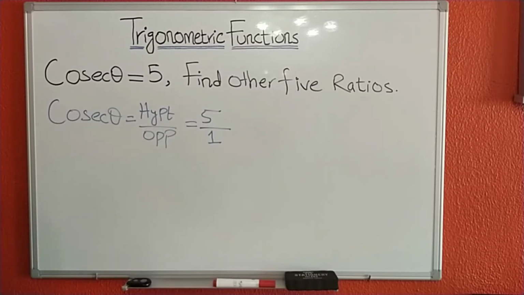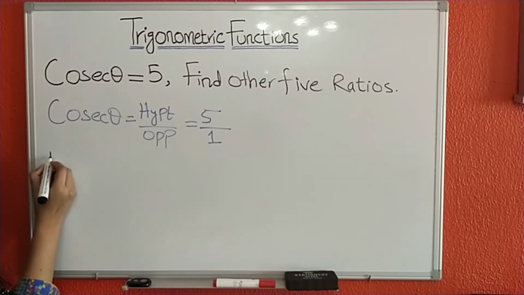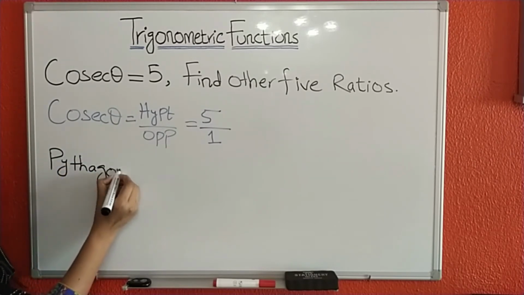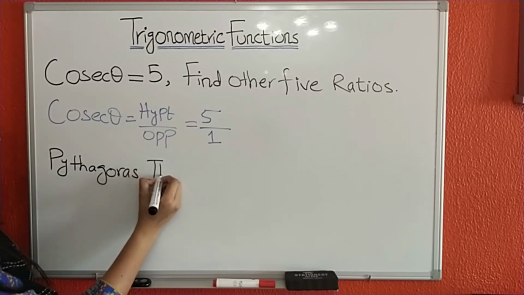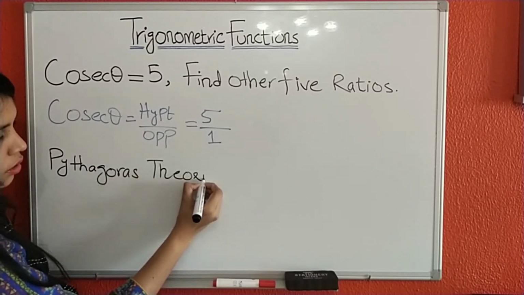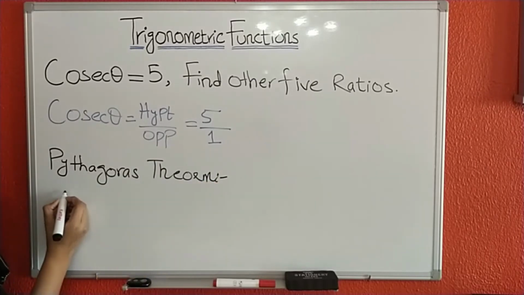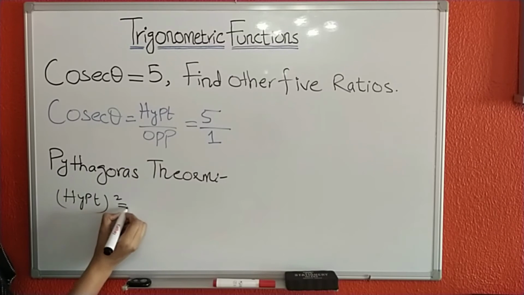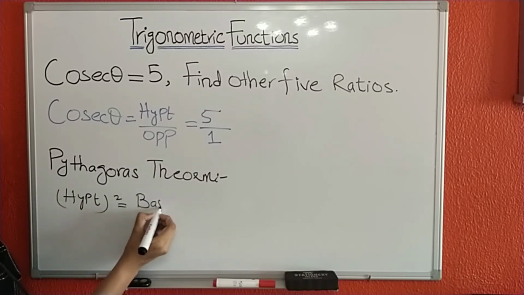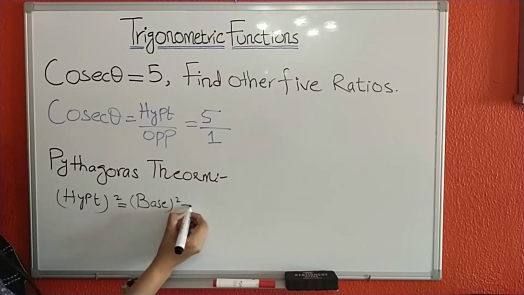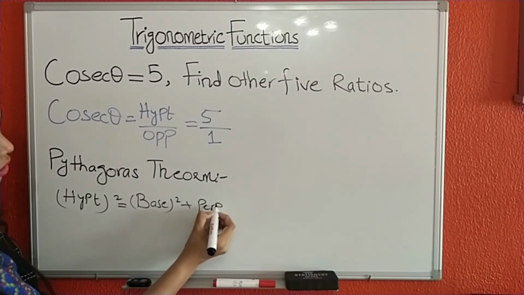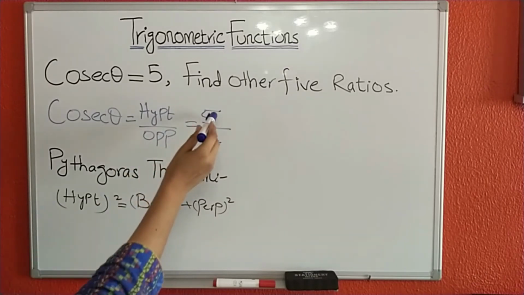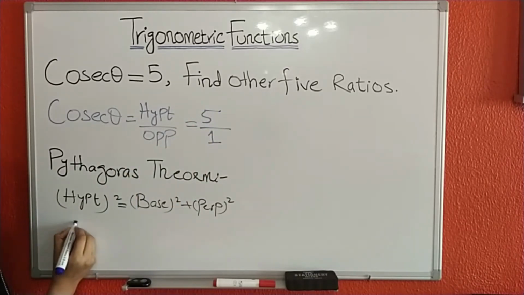So Pythagoras theorem is hypotenuse square is equal to base square plus perpendicular square. So here the value of hypotenuse is 5. So I am writing 5 here.